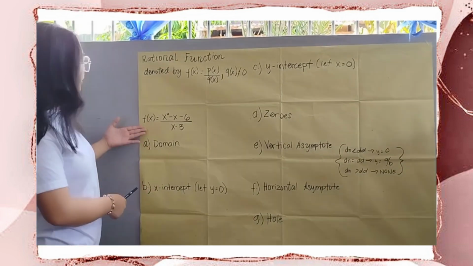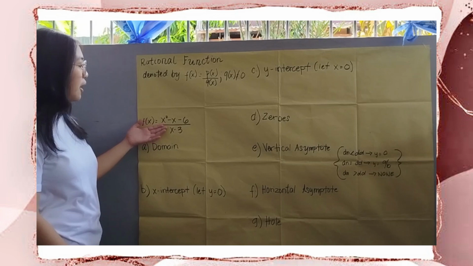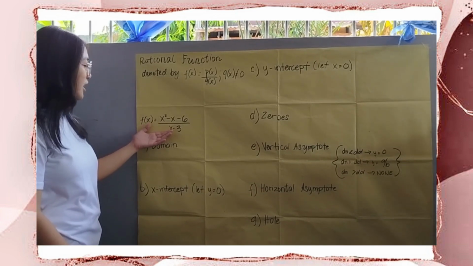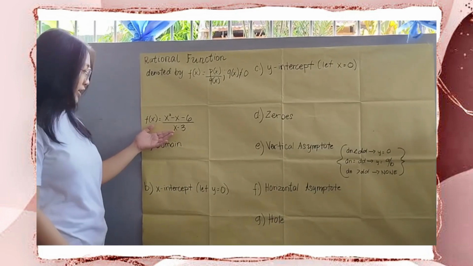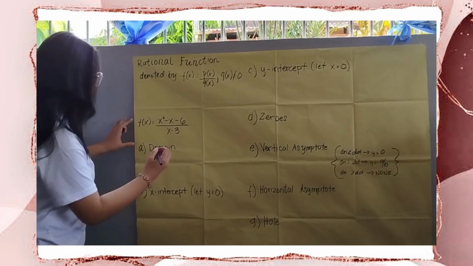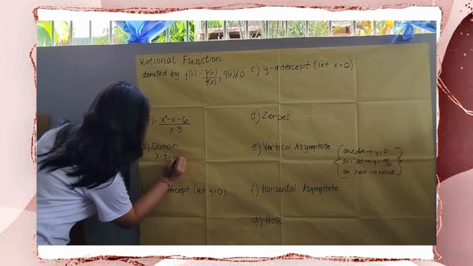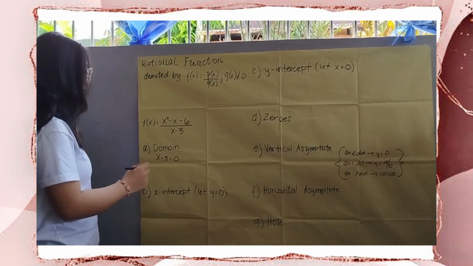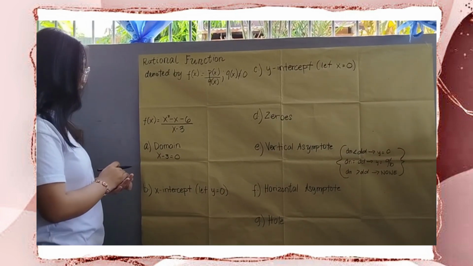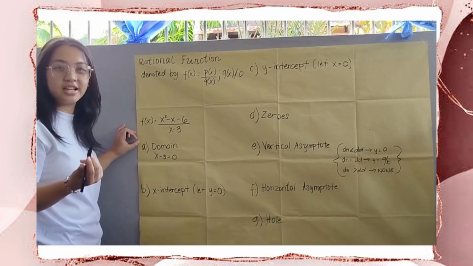Ang example natin dito ay f of x is equal to x squared minus x minus 6 over x minus 3. So, yung denominator natin ay x minus 3. Isusulat natin, x minus 3 is equal to 0. Then, paano natin makukuha yung x? Itatranspose lang natin ang negative 3 sa isang side.